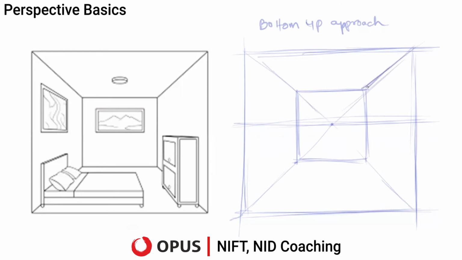So thus we have the interior of the room. All right, so our entire space is set up now for the next pieces. Then you give the rough indication of that painting which is on the wall.